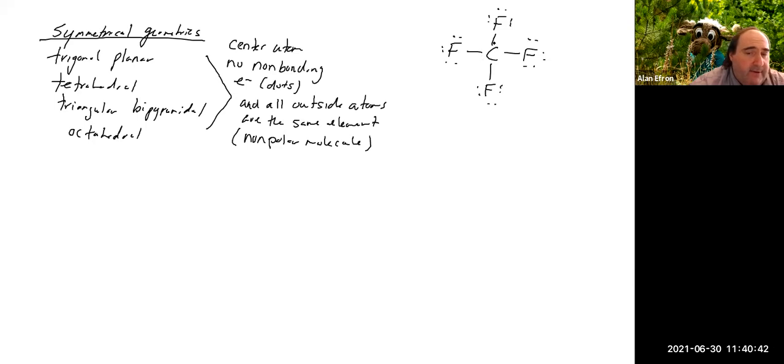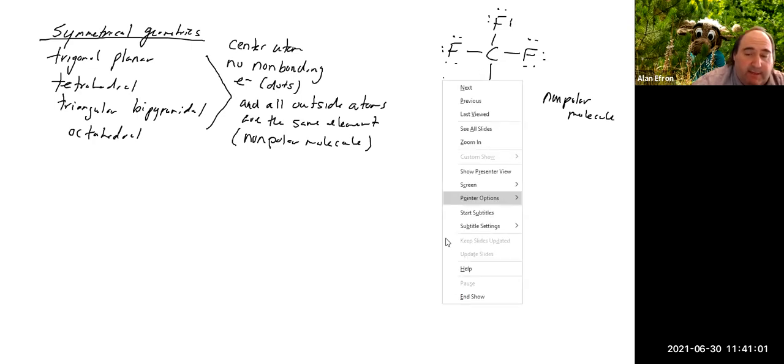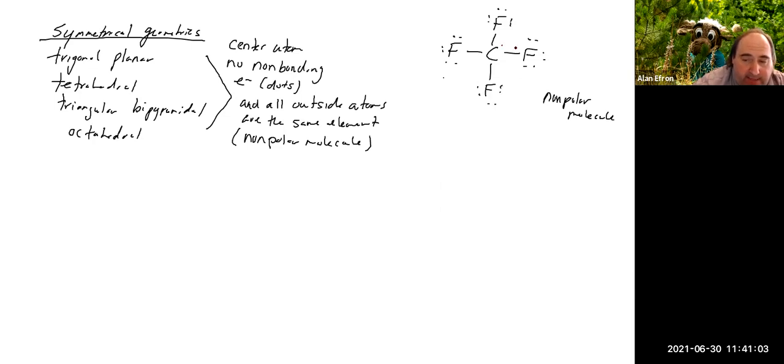I see every single guy on the outside is the exact same element. This is going to be a nonpolar molecule. Does it contain polar bonds? The answer is yes, it does, because carbon is less electronegative than fluorine, so the bond dipoles are definitely heading towards the fluorine in this case, right?